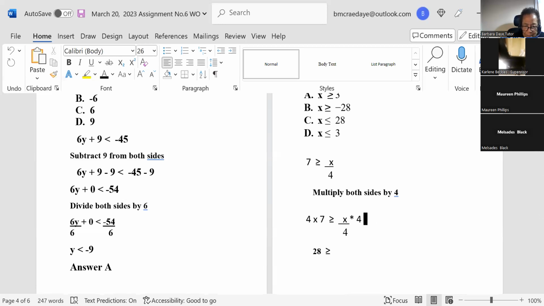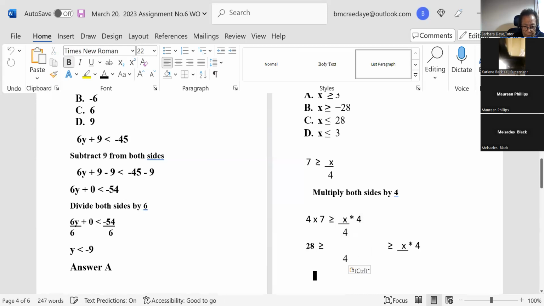Okay, let's just put that. Let me just copy that and put it here, and put the 4 back here.